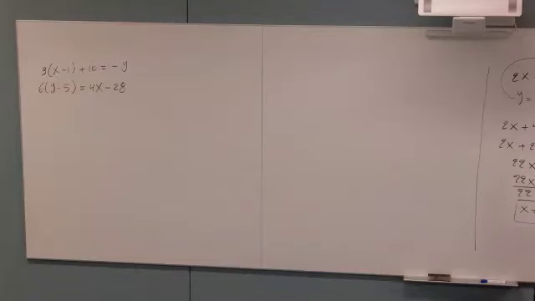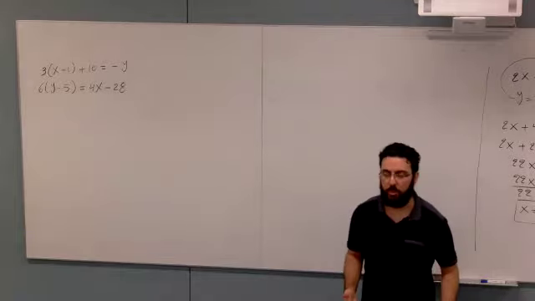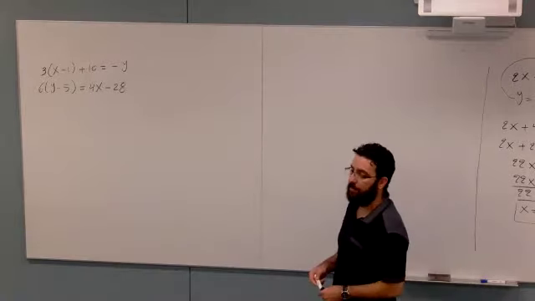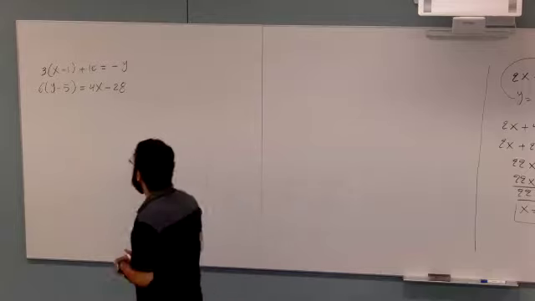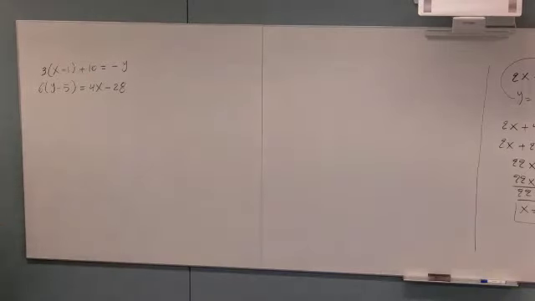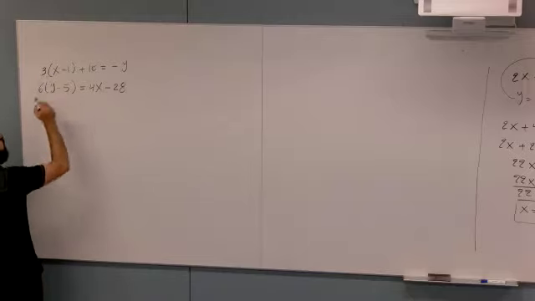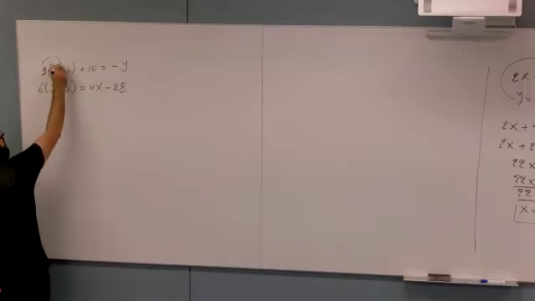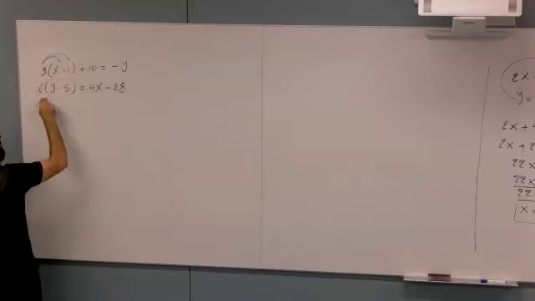So before we start deciding which method I'm going to use, we have to write it down in different forms, like simplify it. What are you gonna call it? Distribute here. And the same thing is gonna be with the second one.